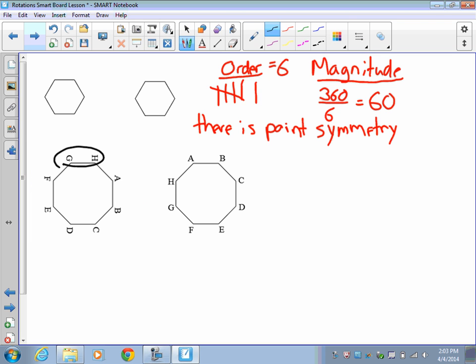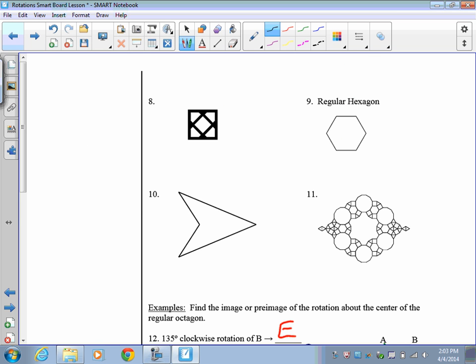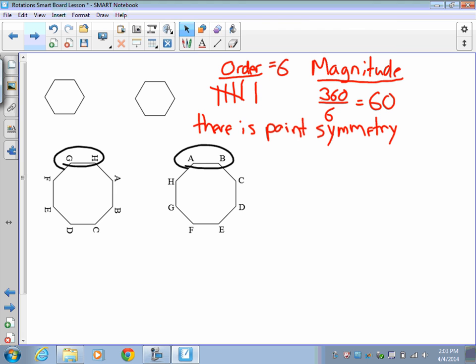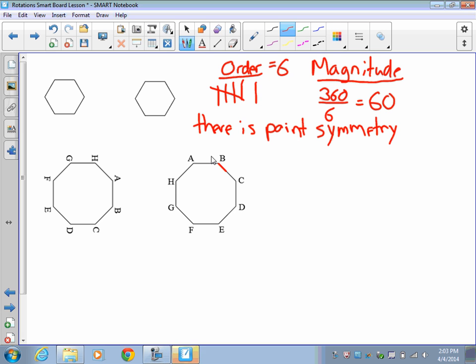That's the same position. So we're going to have segment AB here. And just to check yourself, a 90-degree counterclockwise from BC would be 90 degrees. So if we have BC, AB would be 45 and HA would be 90.